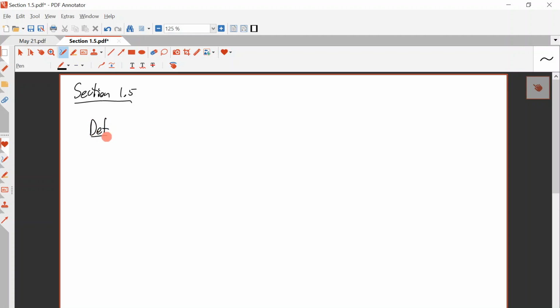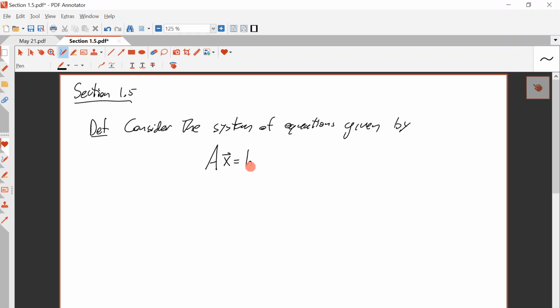Definition. Consider the system of equations given by the matrix equation A times vector x equals vector b. When b is the zero vector, we say that the system is homogeneous.